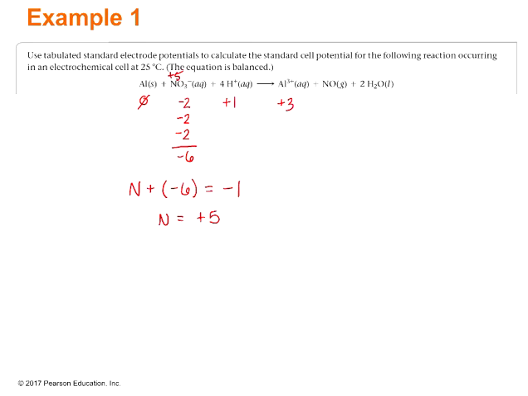And then for nitrogen monoxide, this is a neutral molecule. And remember that oxygen always has a value of -2 if it's in a compound or a molecule. But remember, if oxygen is just by itself as a diatomic molecule, its oxidation number is 0. So just remember that.